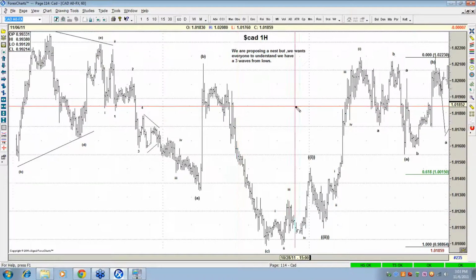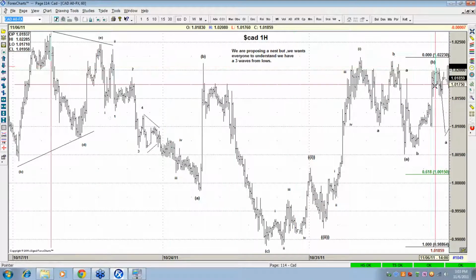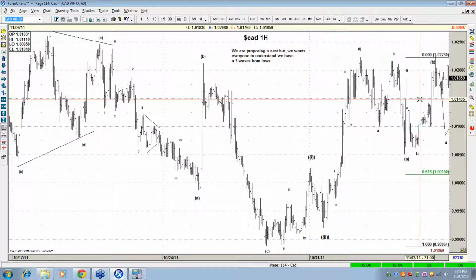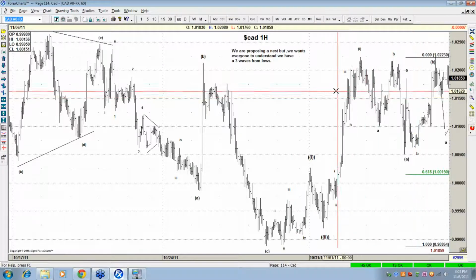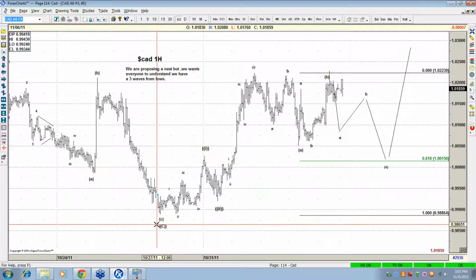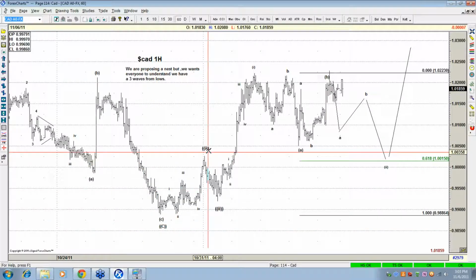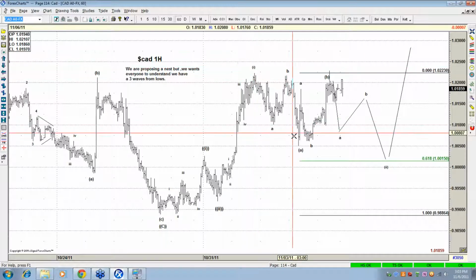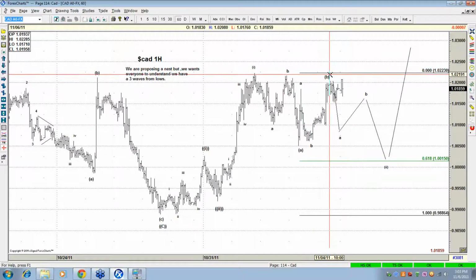I've been following the long trade on the CAD for a while already. I don't like it at the moment because, between you and me, right here in the dollar CAD, from the lows, all you got is 1, 2, 3 waves. This high was a 3-wave move right here.